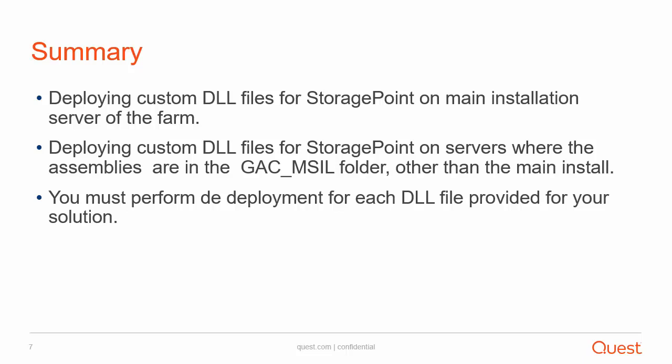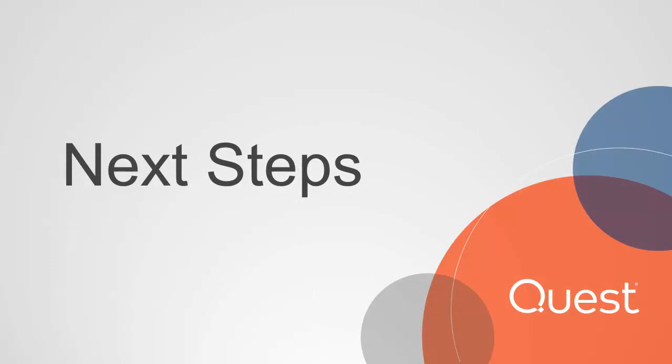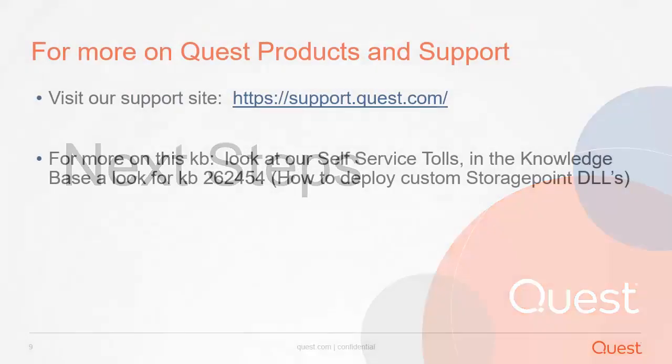For example, in this case, we only have one DLL file and we deployed it on both servers. But in the case that you have more than one file, you must do the deployment for each DLL file that you receive.